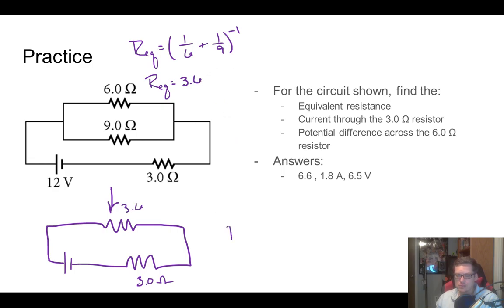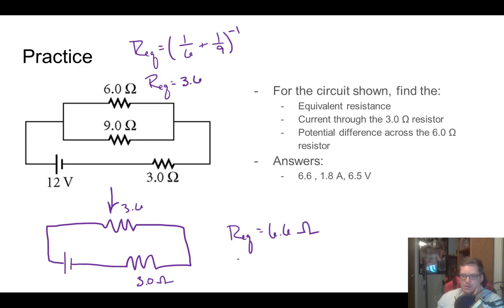So the equivalent resistance of the whole shebang is equal to 3.6 plus 3, so it's going to be 6.6 ohms. All right. Then it asks us to find the current through the 3 ohm resistor. Well, the current through the 3 ohm resistor, remember anything that's in the same series would have to have the same current. All right.